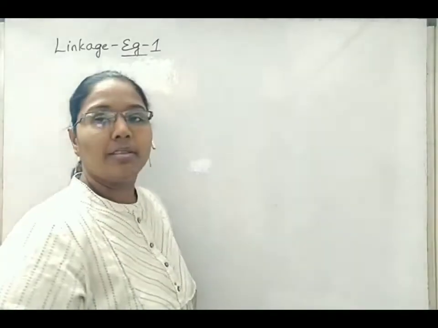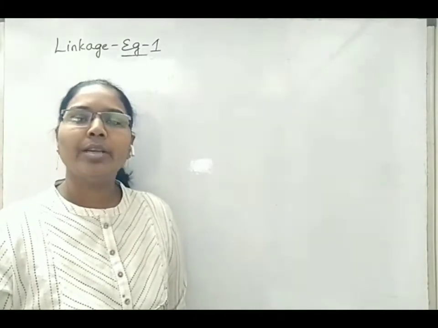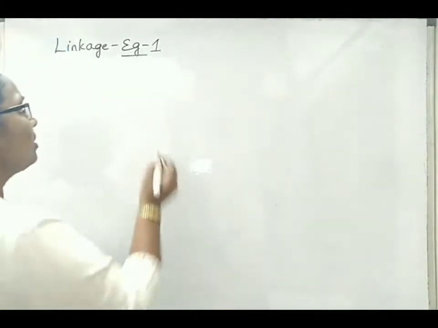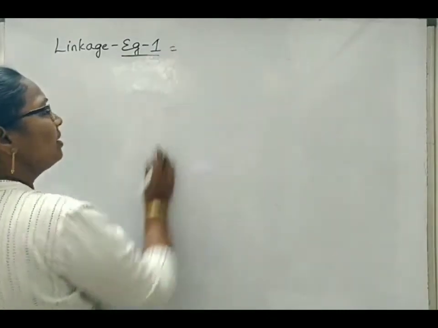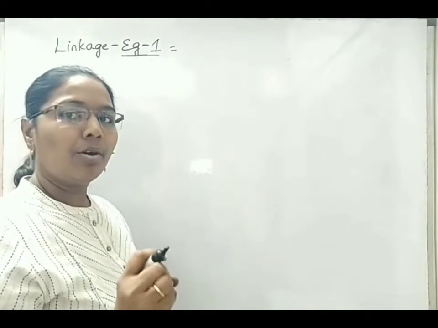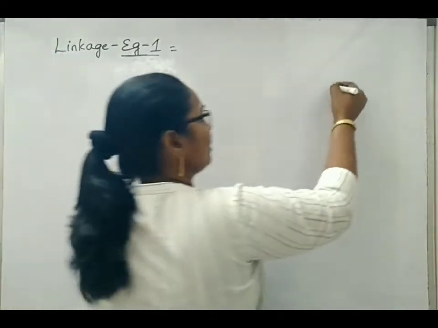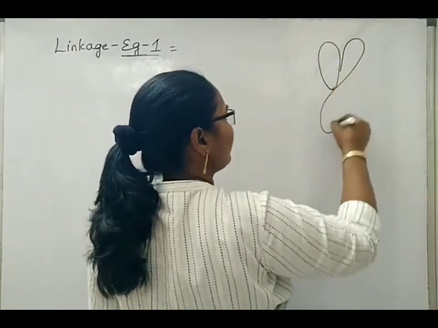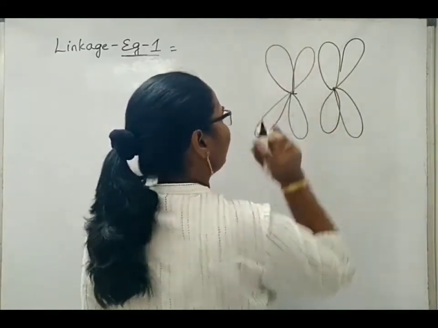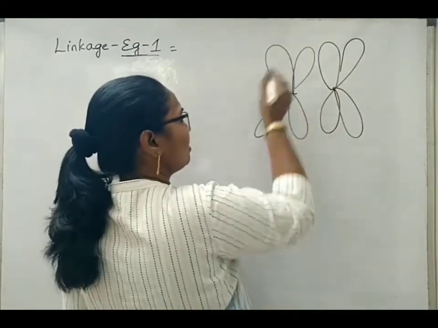Let's see now the detailed explanation of the 2 experiments done by Bateson and Punnett in the test cross. The first example is by taking 2 separate flowers of the same plant, looking at the homologous distribution of alleles in chromosomes.